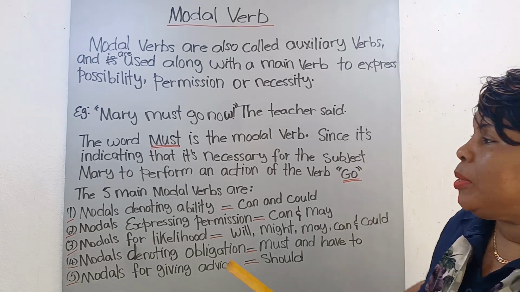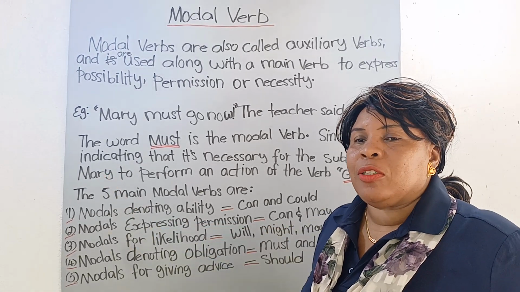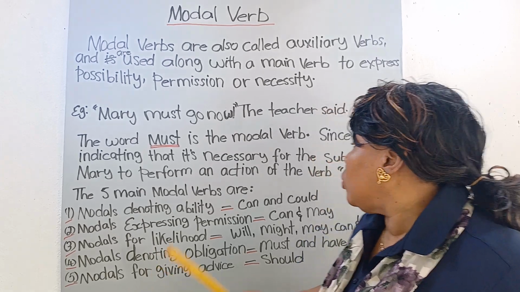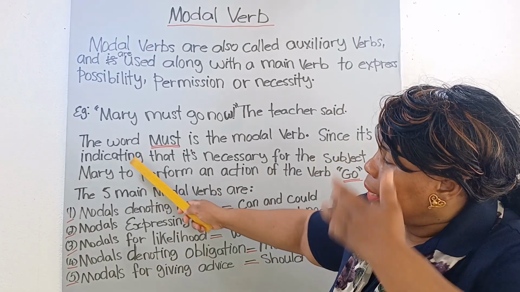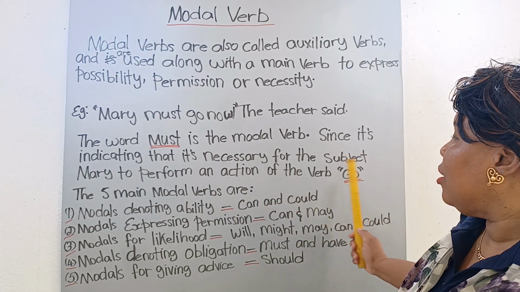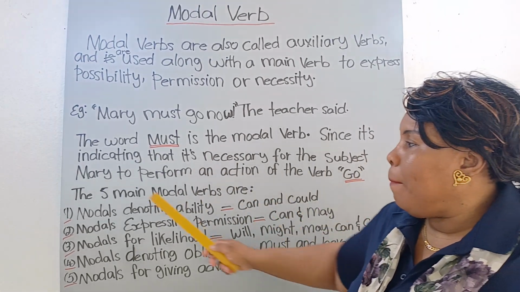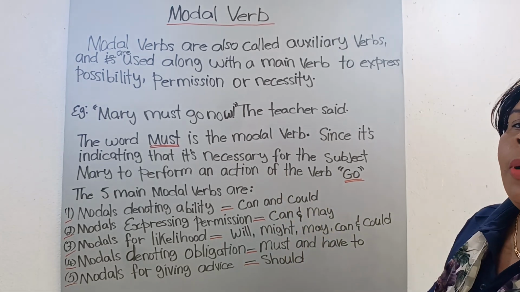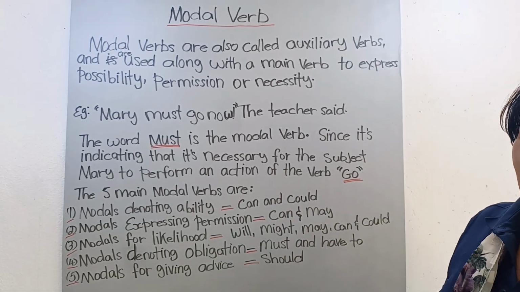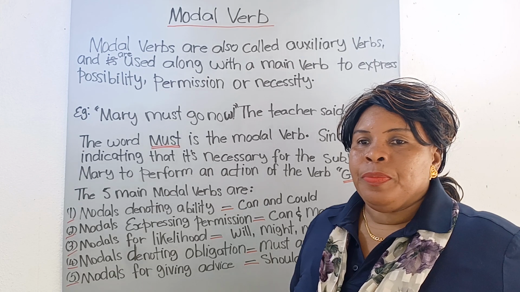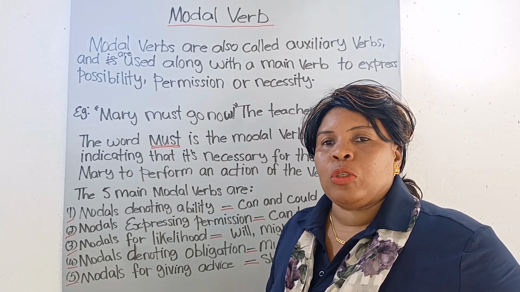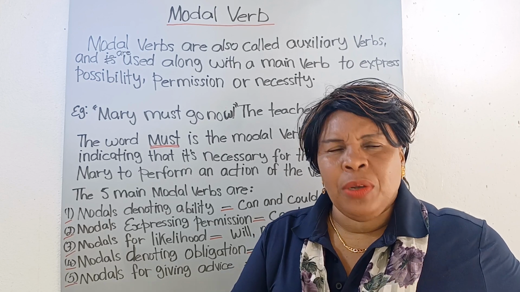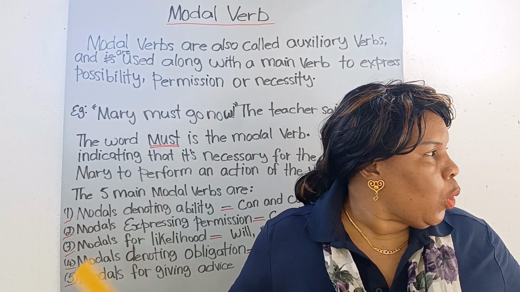And who's the subject? Mary. The subject is the main person the sentence is talking about. So it is necessary for the subject, Mary, to perform an action of the verb go.